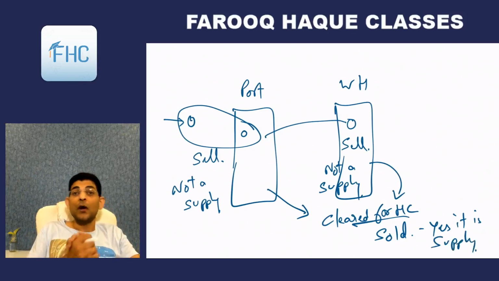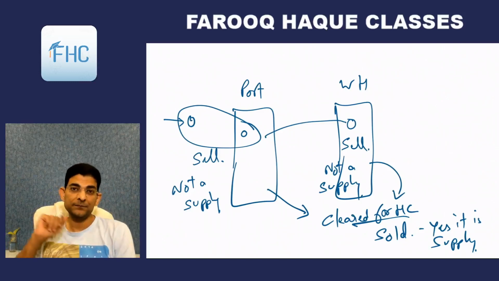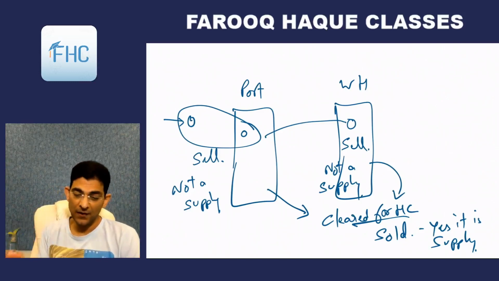Understood? So after clearance if they are sold, then it is a supply, but before clearance if they are sold, then it is not supply. Understood? Simple.